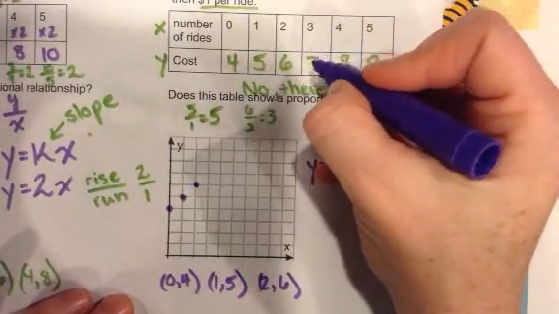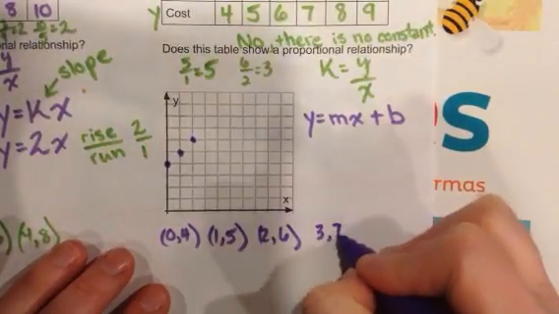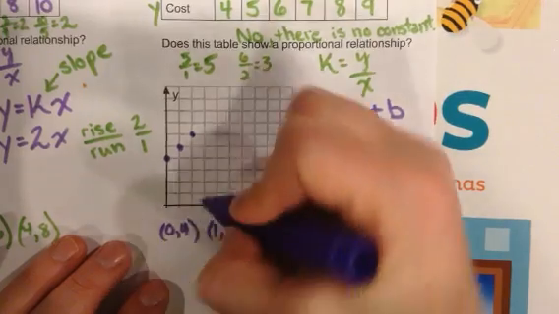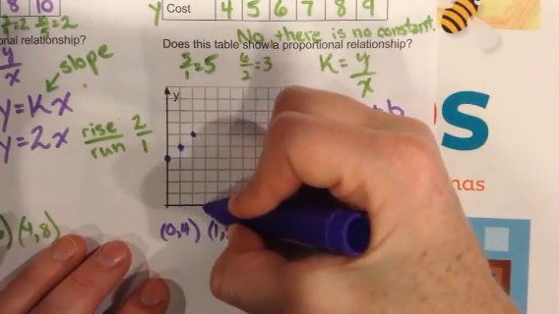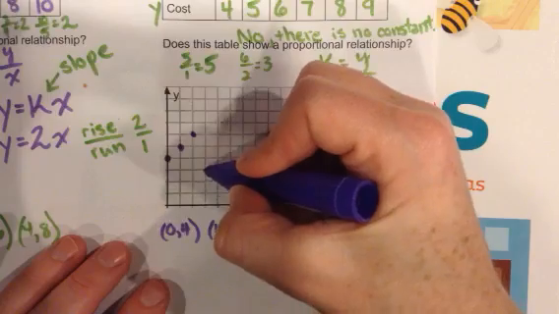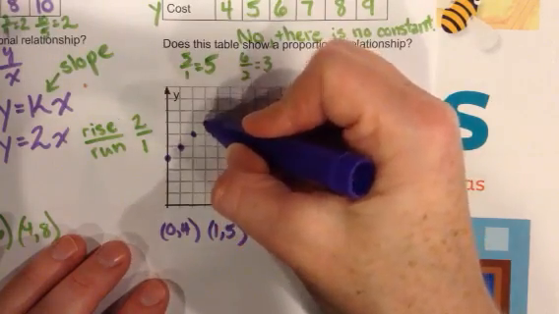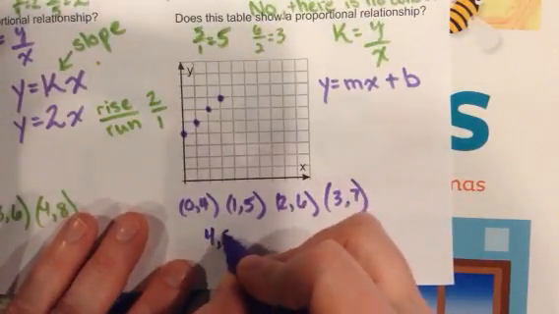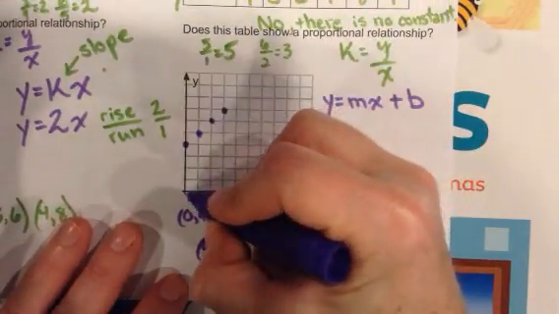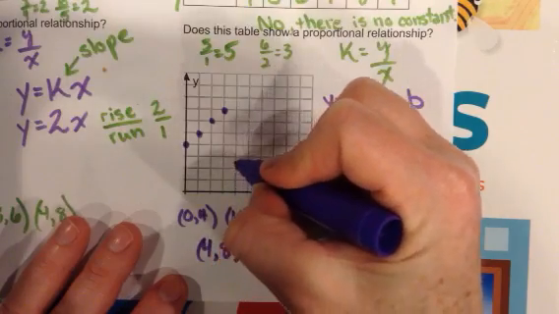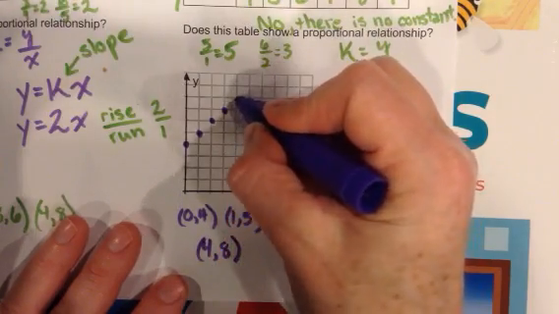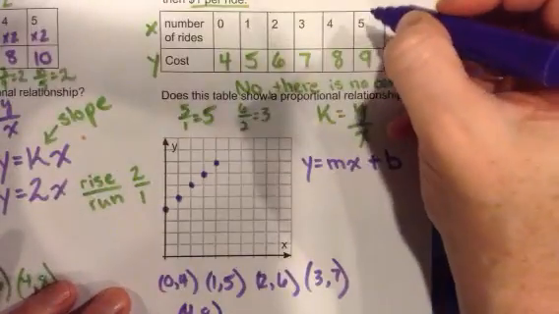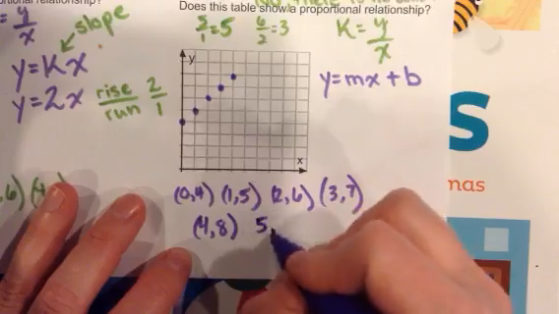I have 3, 7. From the origin, right 3 and up 7. Okay, I've got 4, 8. You can pretty much tell where the next points are going to go. Oh, my last one, 5, 9.